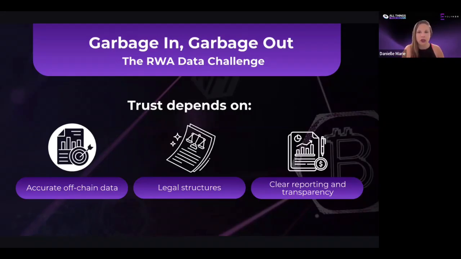Are we sure that there's no fraud happening, at the level of setting up the structure of the trust or the DAO or however that legal structure is, for the information that you're putting on chain? So it's definitely a huge problem. And if you are involved in an RWA project or you're thinking of getting involved in one, these are the types of things you have to be thinking about.